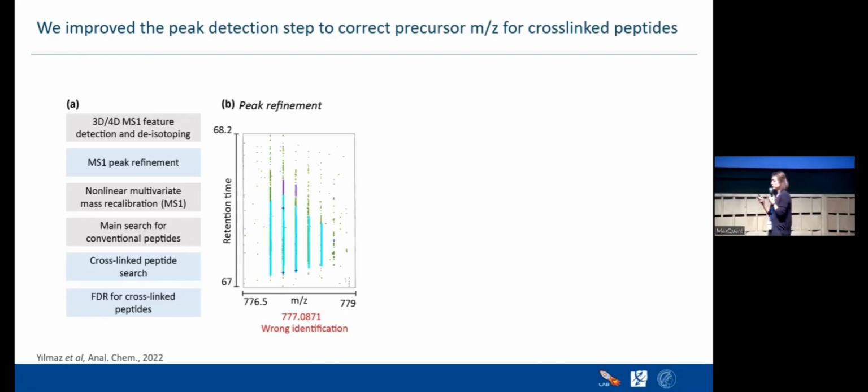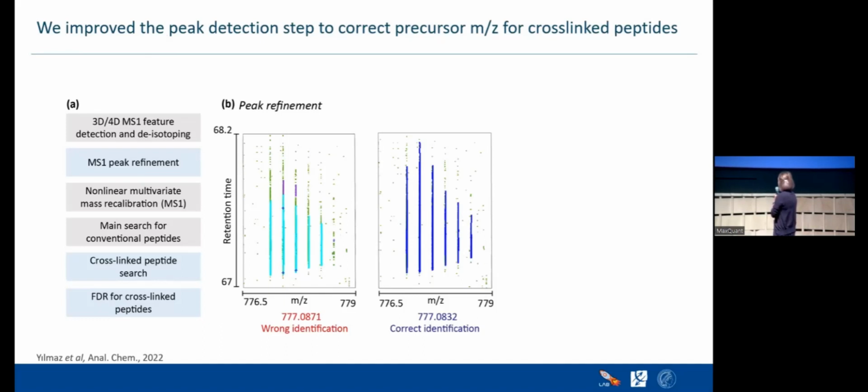What we noticed, because the crosslink peptides tend to be bigger and heavier, is that monoisotopic peak detection was not so ideal for some cases. Here is one example. We noticed this was a wrong identification when we checked the other competitive algorithm. Instead of choosing 77.83, it was choosing 77.8708.